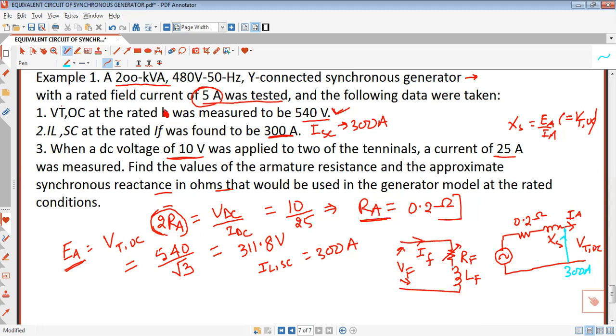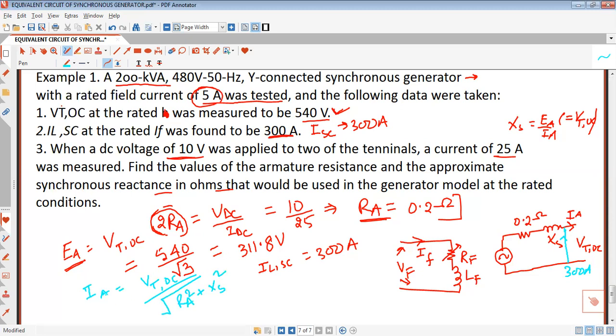So from here we can write IA equal to VT open circuit divided by root under RA square plus XS square. Here all values are given.